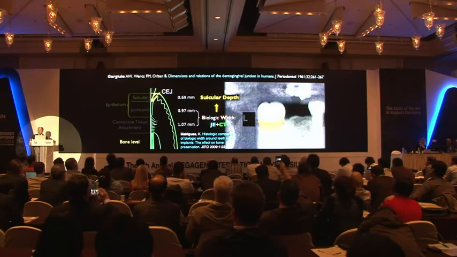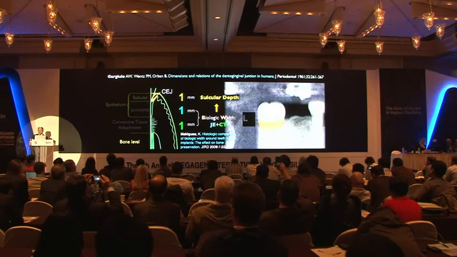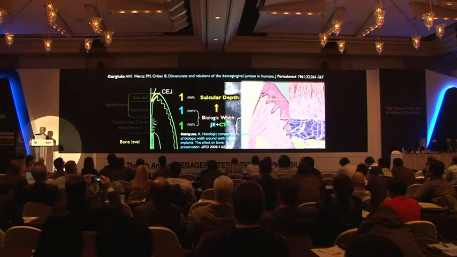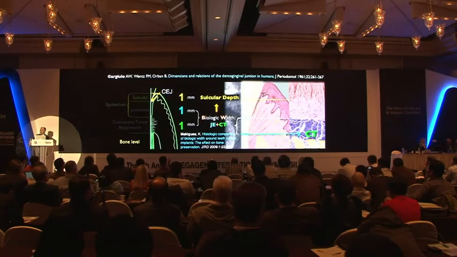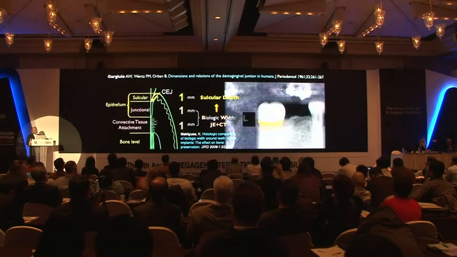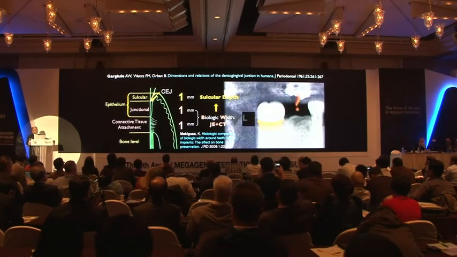So with this, it comes up to about 3 millimeter. So in the biology, we have the bone level right here. We need connective tissue 1 millimeter, junctional epithelium 1 millimeter, and 1 millimeter sulcus depth. So with that, we put them together.